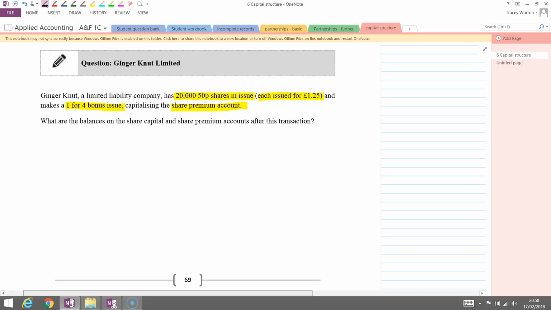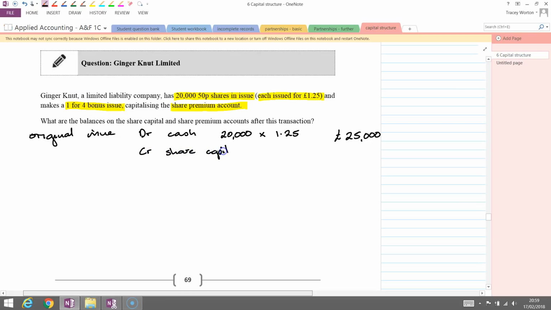So first of all, dealing with the original issue, we're going to debit cash with the cash coming in, and we've got 20,000 shares at £1.25. So we're going to receive £25,000, and then we're going to credit share capital with the nominal value of these 20,000 shares.